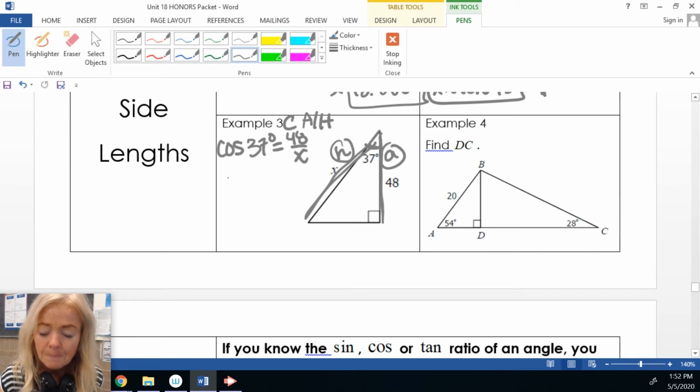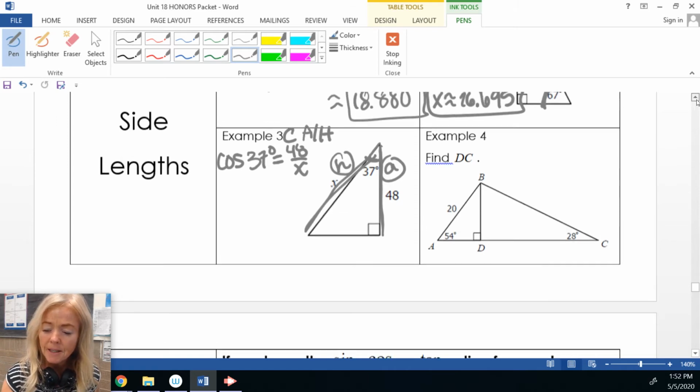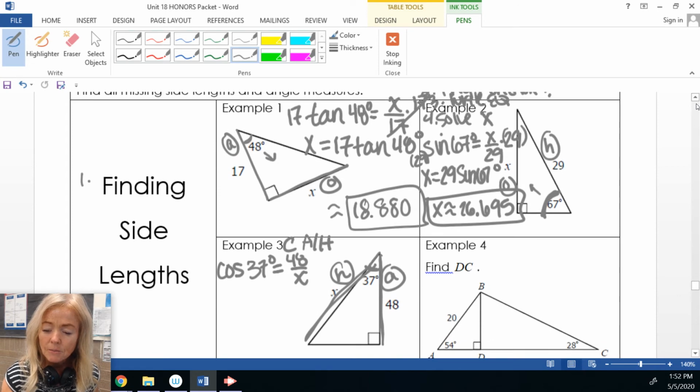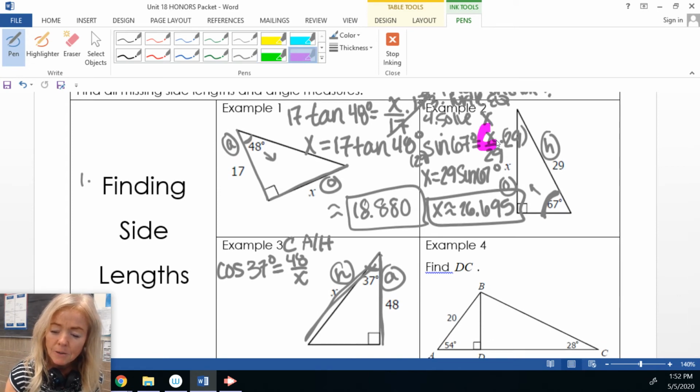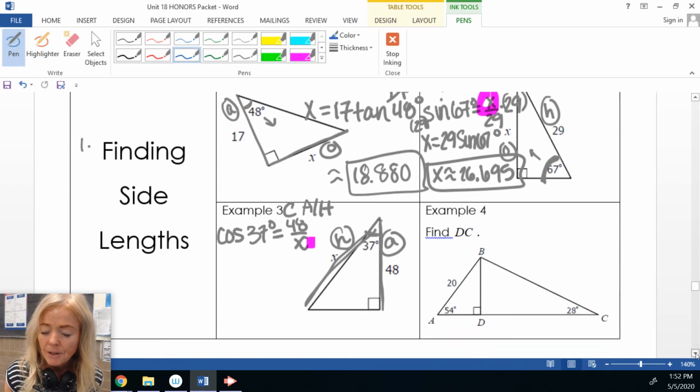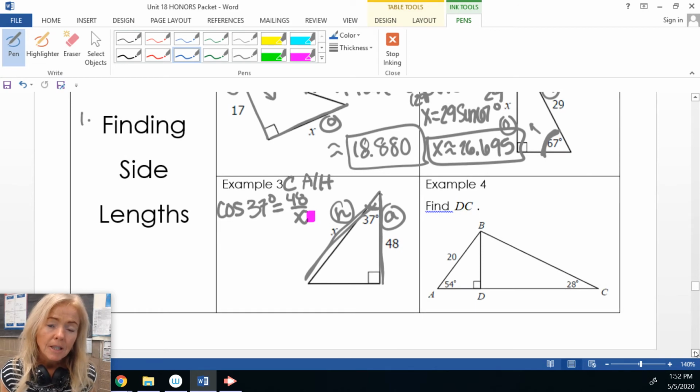All right, so now solving when x is in the denominator. Notice in our other cases, x was not in the denominator. x was in the numerator. Here we have x in the denominator. So I'm going to show you once what to do, and then I'm going to point out what you can do forevermore. When you're solving for x in the denominator, you multiply by it.